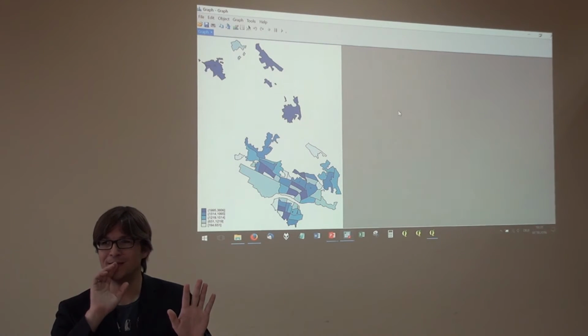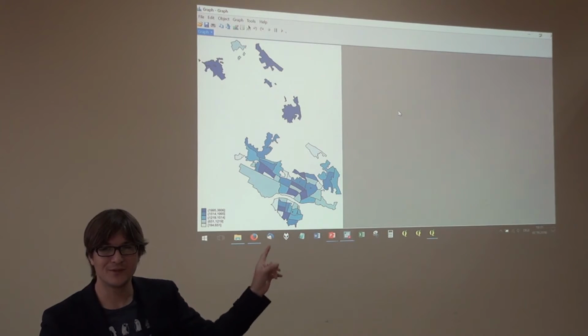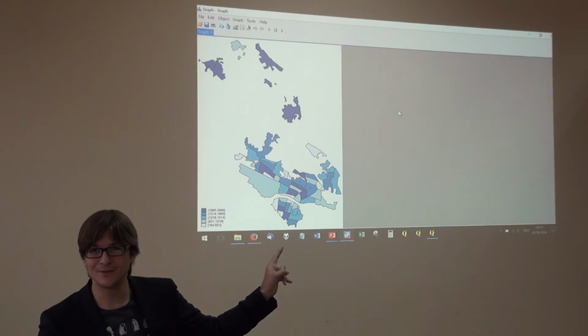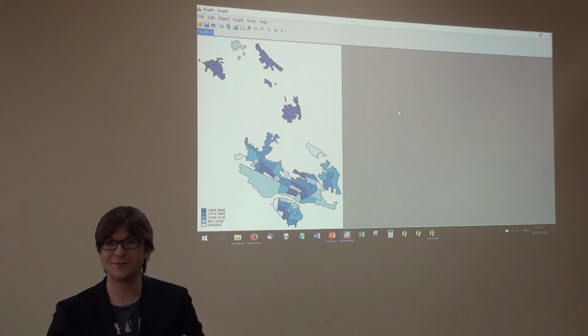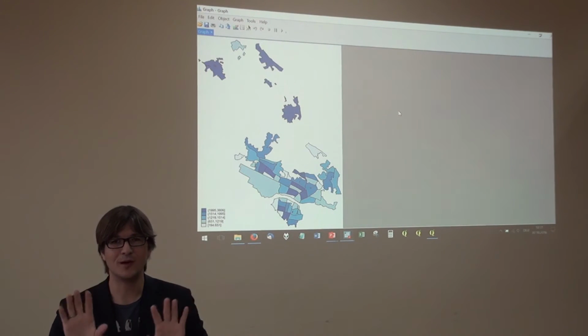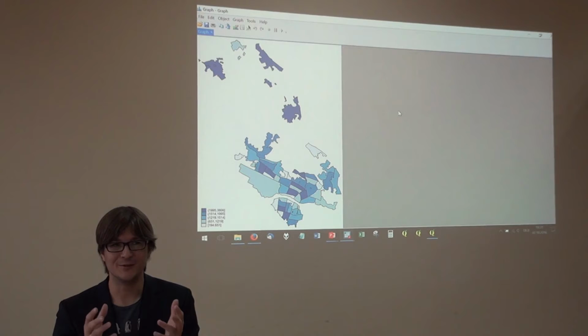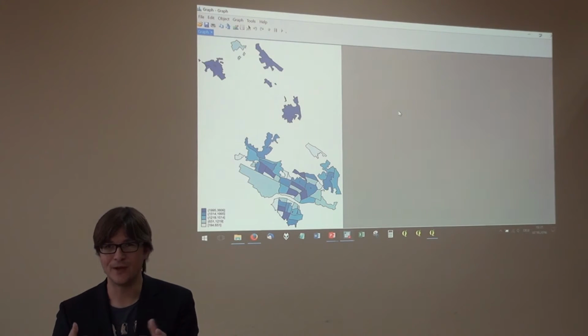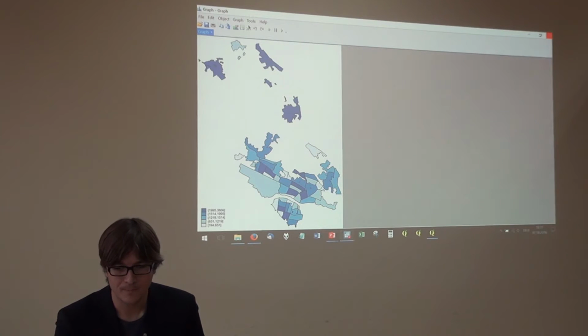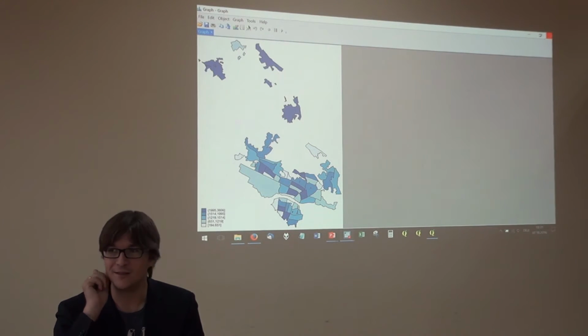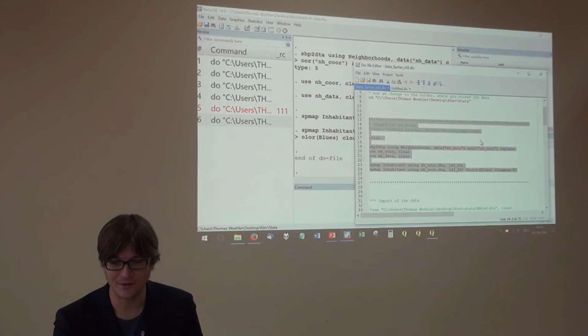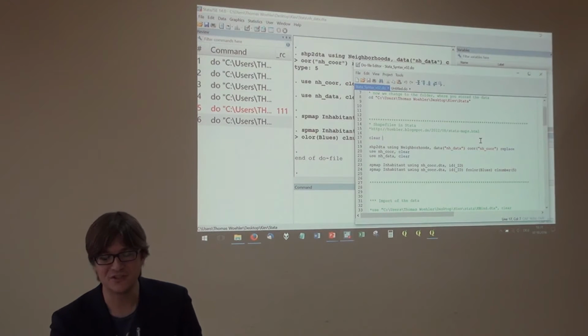That would mean you use this picture like 4 times, but with different characteristics, with different coloring, and then you have a 2 by 2 matrix, and you can display a lot of information in a very small space. That's usually very nice. And that's something you can do more easily with data in R, and it's not so nice with the geographic information system.